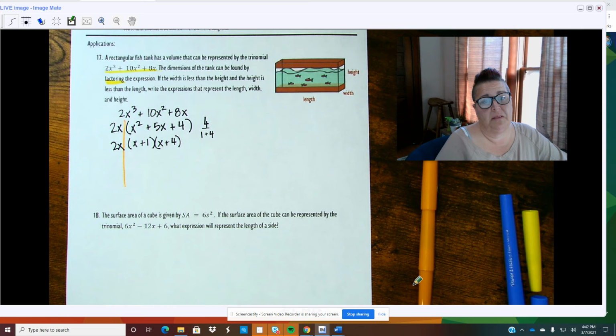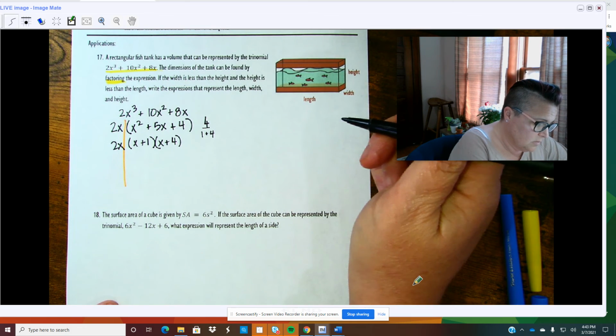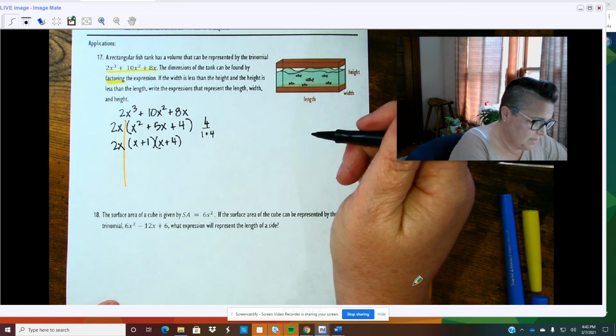the length, the width, and the height. If the width is less than the height, and the height is less than the width, I don't think this matters. So let's see, which one would be the smallest?